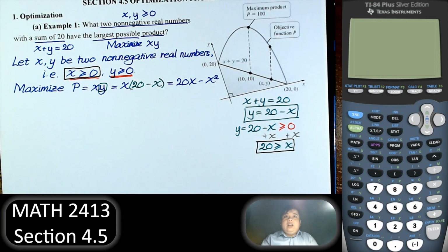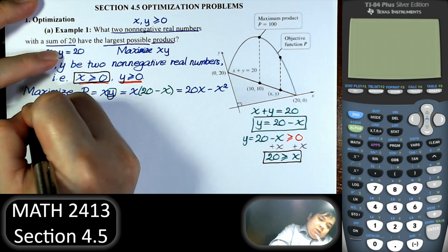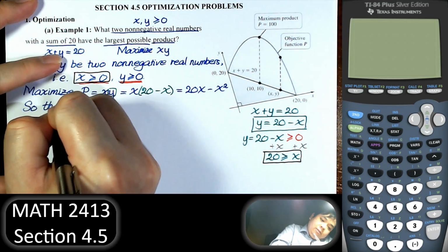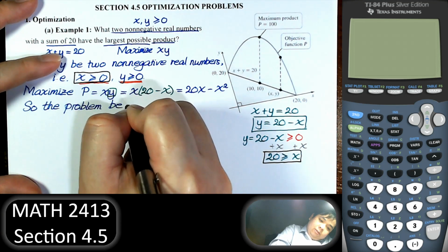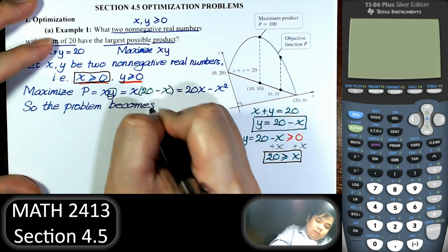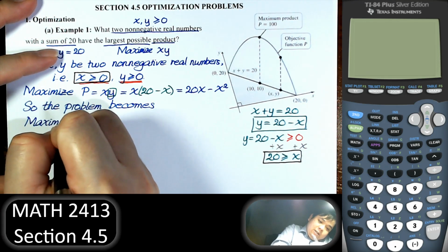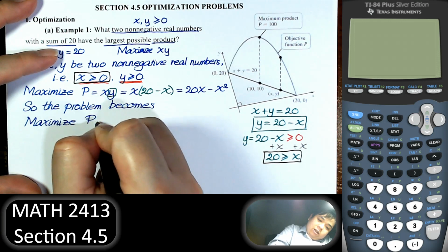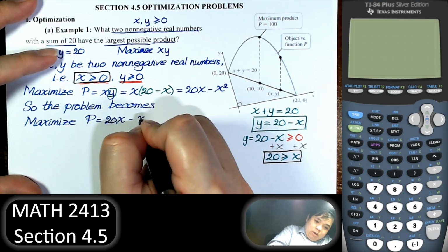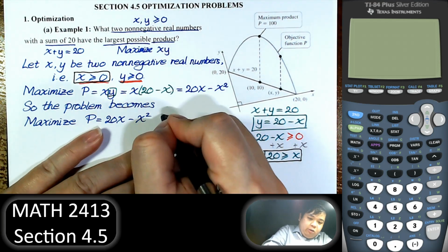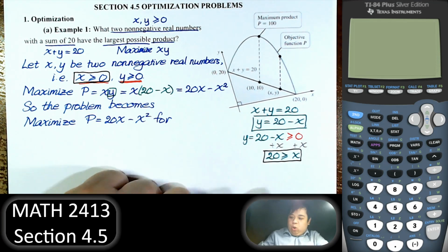Now put them all together, we have an optimization problem. The problem becomes: maximize the product 20x minus x squared for x greater than or equal to 0 and less than or equal to 20.